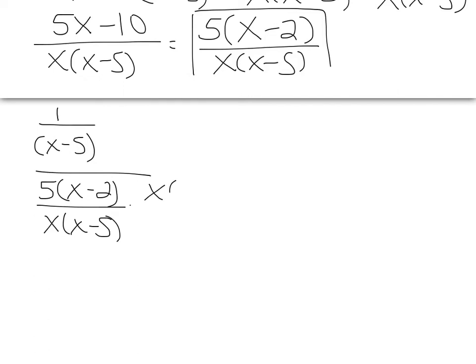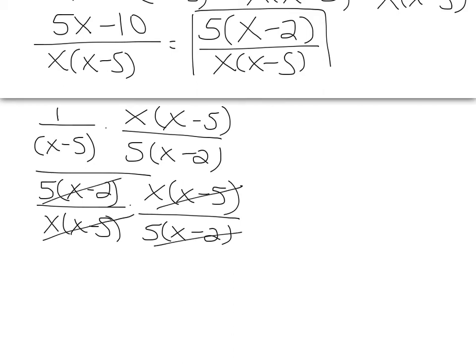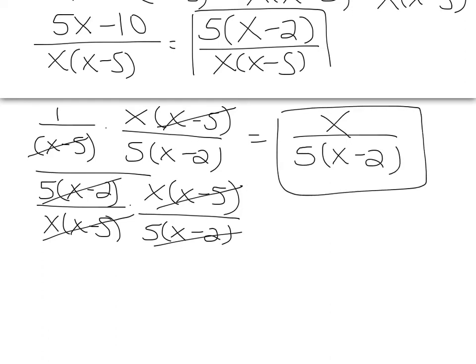So multiply by the reciprocal of the denominator. These all cancel, these all cancel. The x minus 5's cancel up here, and you're just left with x over 5 times x minus 2. And that's your final answer.